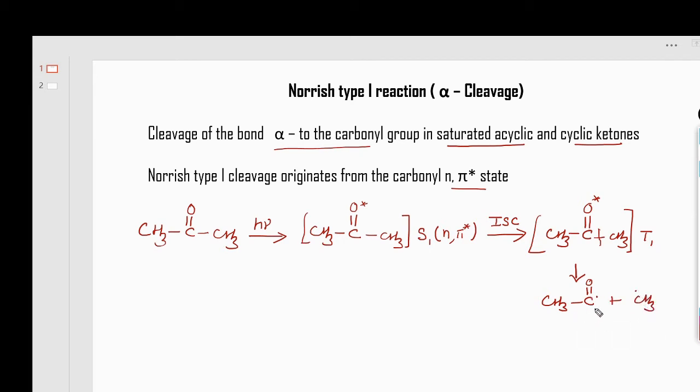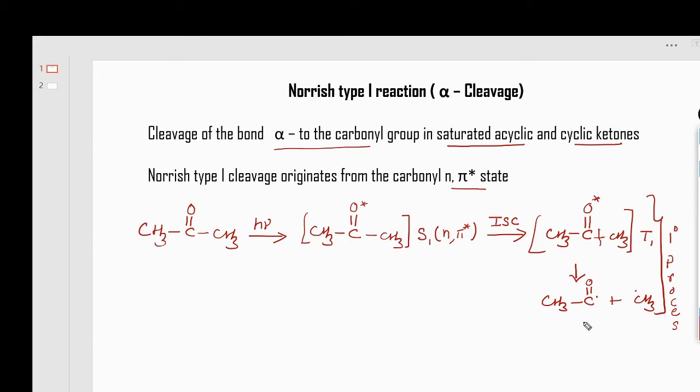And till here is referred as primary process. Now all the photochemistry takes place here in the primary process.